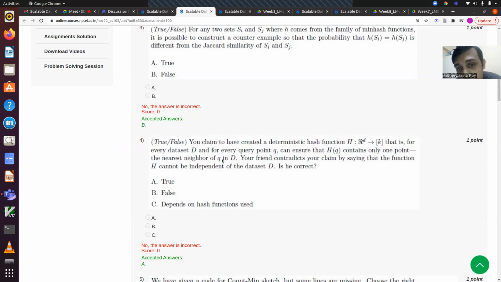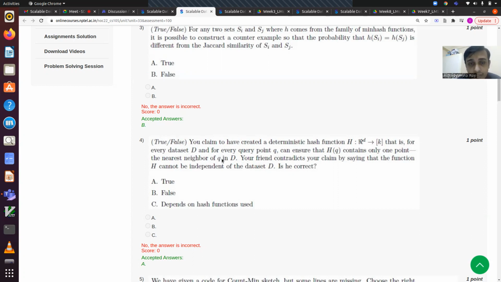But let's say we change the dataset slightly and there is a new point, let's say X, which is closer to Q than P. We can always introduce another point in the dataset which is closer to the query than the current closest one. Then, because it's a deterministic hash function, it will still keep mapping Q to P, not to X. Are you convinced?